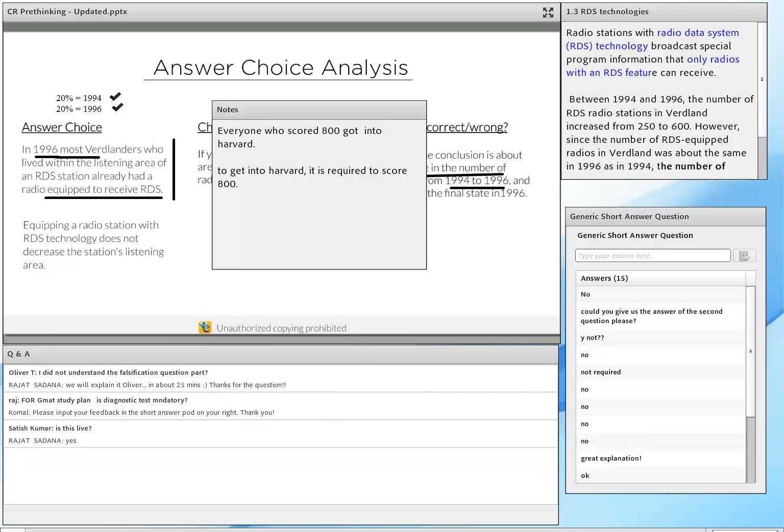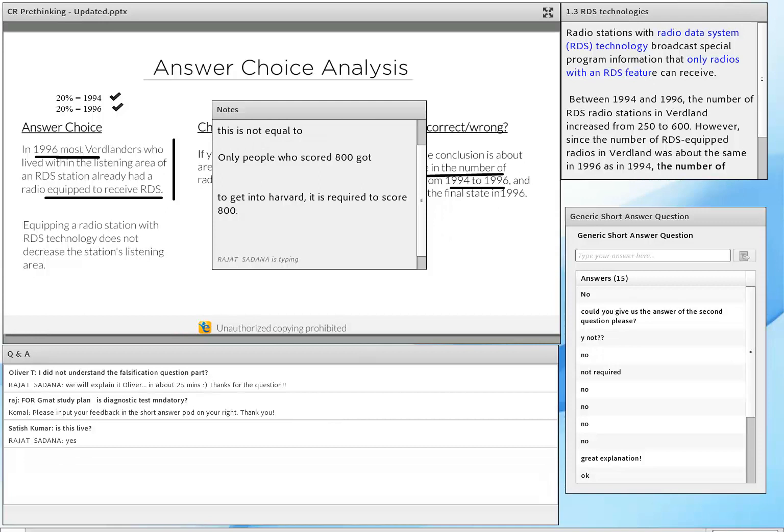Why not? Because the statement is not saying only people who scored 800 got into Harvard.